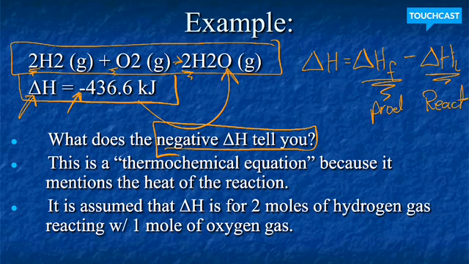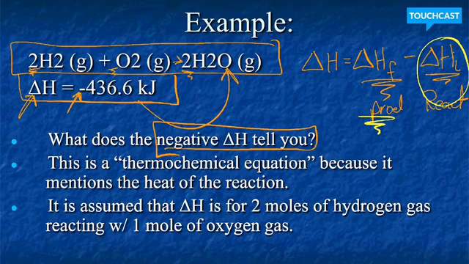So a negative value would mean that your reactants actually have more energy than your products. How could the reactants have more energy?